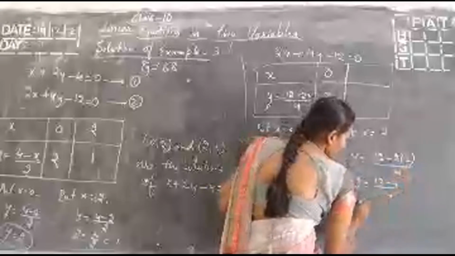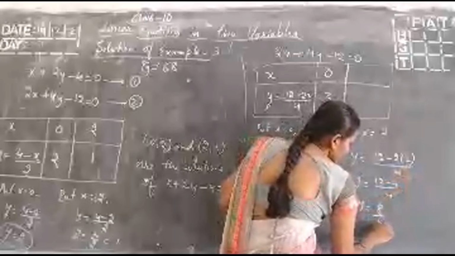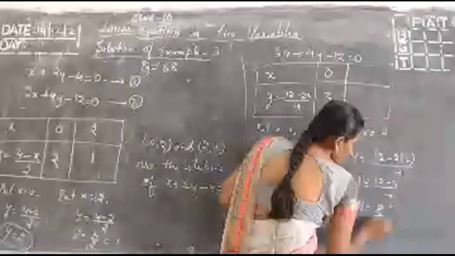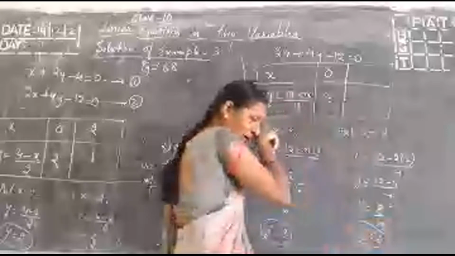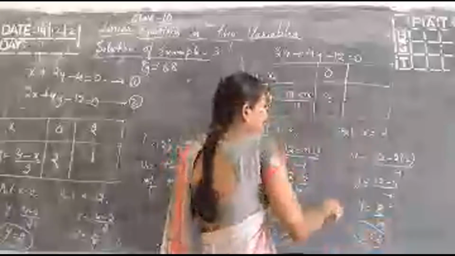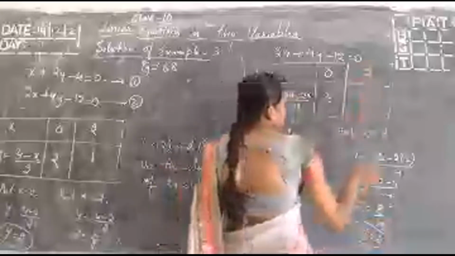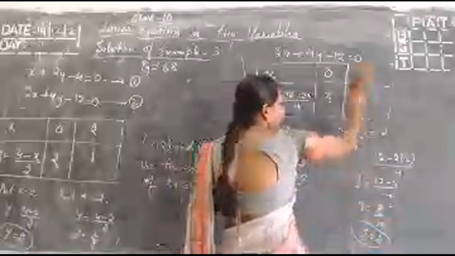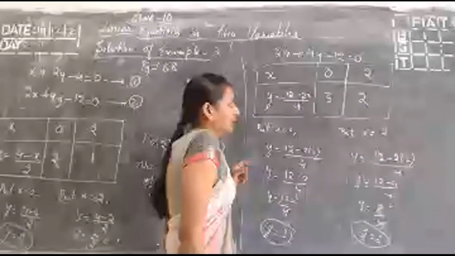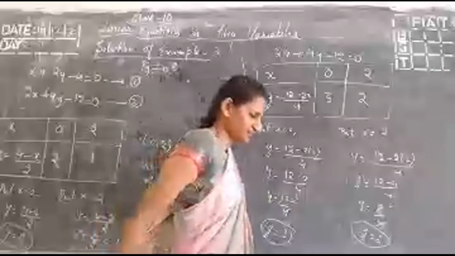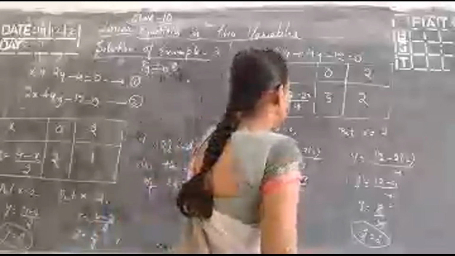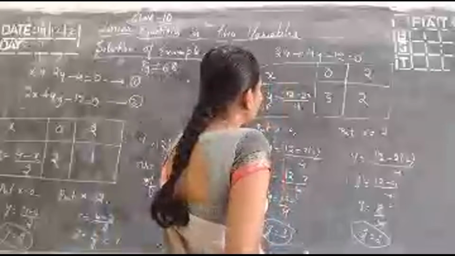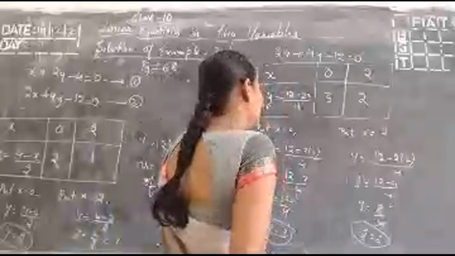What is 12 minus 4? 8. 4 twos are 8. I said whichever value you want you can take. If we take x is equal to 2, then the value of y is 2. Understood?